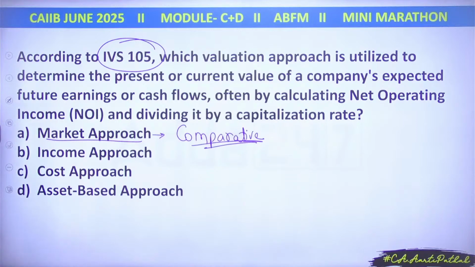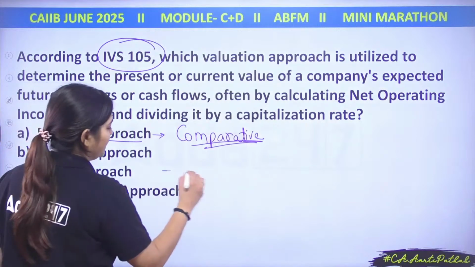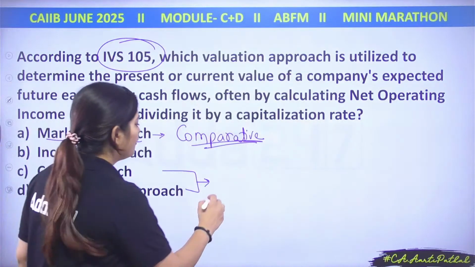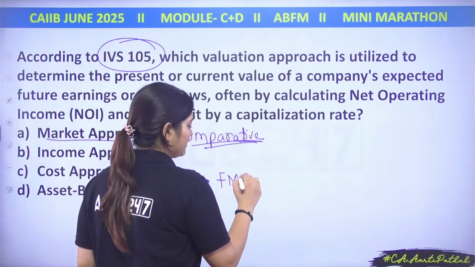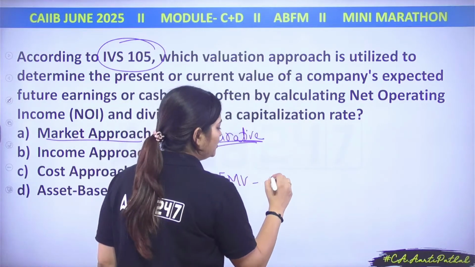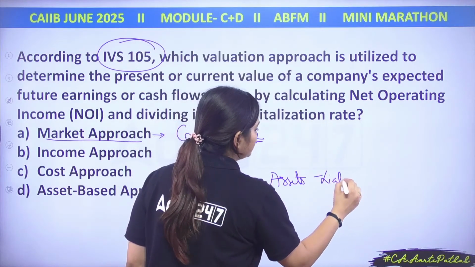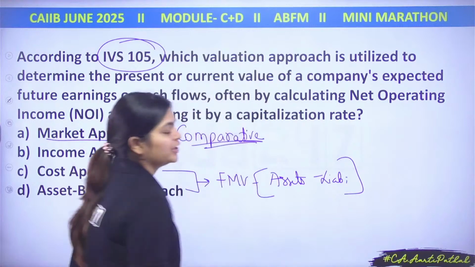Then when we are going to use the asset-based or cost approach, both are the same. Okay, both are the same. Now, when you are using the assets and liabilities, here you are going to take the fair market value, FMV, and you are going to take assets minus liabilities, correct?